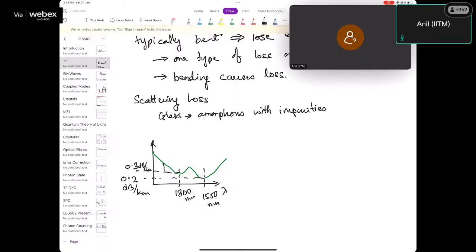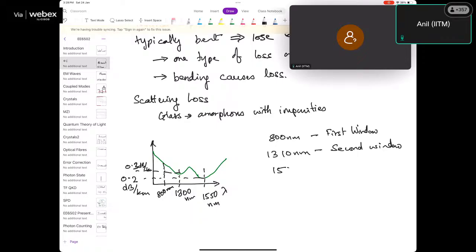You could also look at it a little somewhere else, and we call that 800 nanometers. So we have 800 nanometers, which is our first window. We have 1310 nanometers, which is our second window.